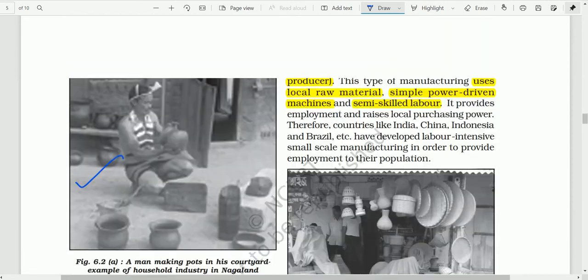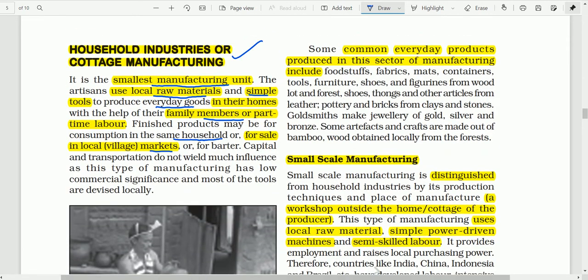And let us continue. Some common everyday products produced in this sector of manufacturing include foodstuff, fabrics, mats, containers, tools, furniture, shoes, and figurines from wood, leaf and the forest, then shoes, tongs, that is belt, okay, leather belt, then other articles from leather, then pottery and bricks from clay and stones.